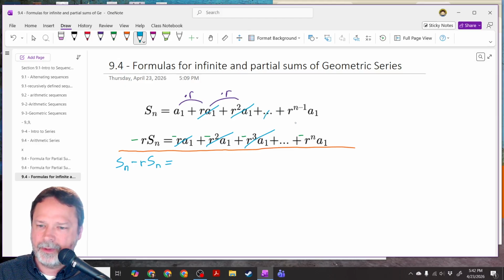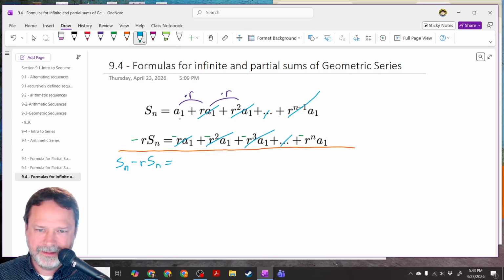There's a term in here somewhere, and we know this one comes right before r to the n times a sub 1. So that cancels with whatever came right before that. So all of these cancel. Everything after the a sub 1 cancels with everything before the r to the n a sub 1 there. And so what we end up with is just a sub 1 minus r to the n a sub 1, which is really neat. It's a much simpler looking thing.